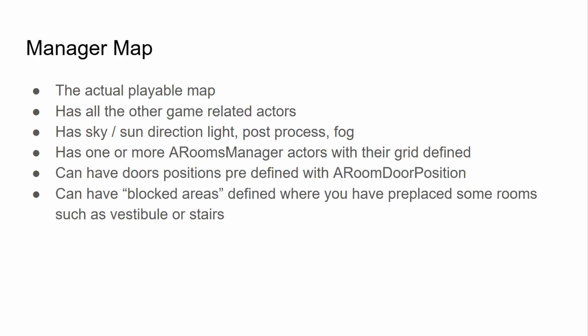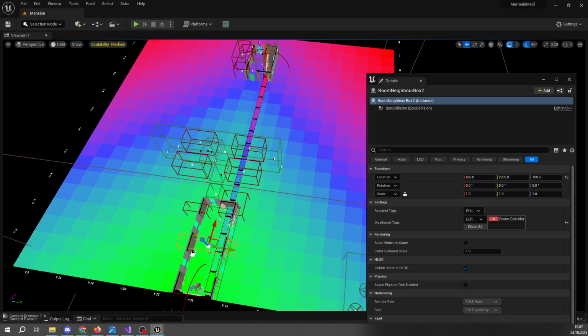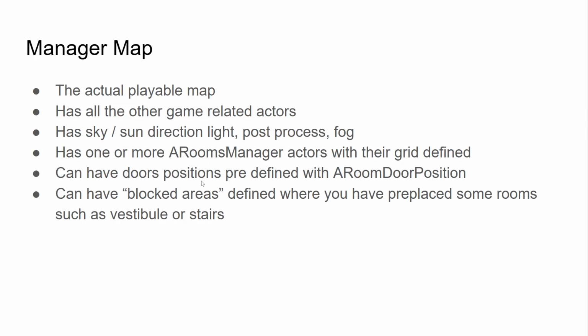So the room manager map is this map, and it has other stuff like the enemy manager and I have my own map manager, which is the pathfinding system for my game, and then a skylight and directional light, which is not super realistic, but it's a lot cheaper to have one big light that's the skylight or the directional light than trying to make the whole map illuminated with all of these individual lights from the individual rooms.